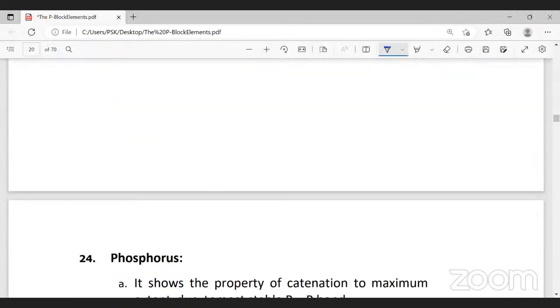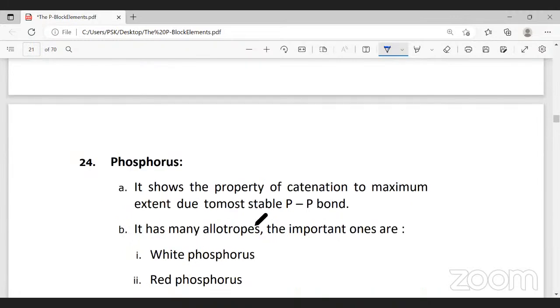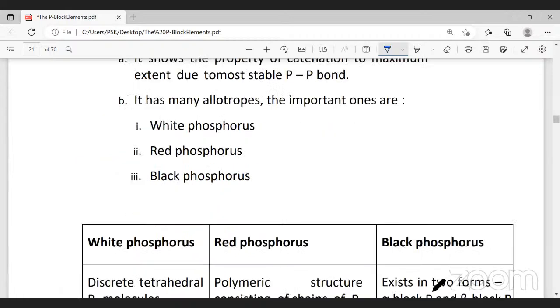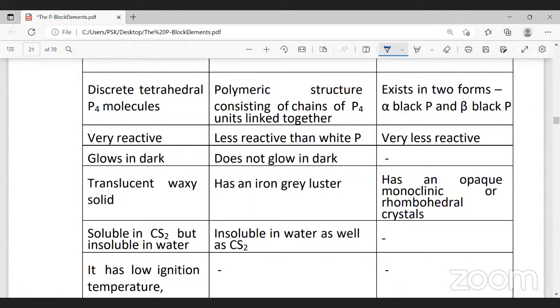Phosphorus shows the property called catenation to a maximum extent due to the stable phosphorus bonds. And we learned that it has 3 allotropic forms: white, red, and black phosphorus. We learned the differences, and we also learned how we prepare white, red, and black phosphorus.